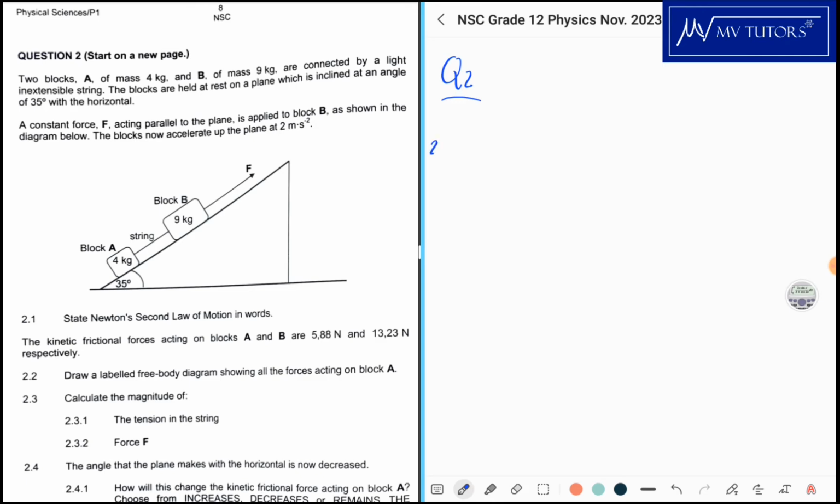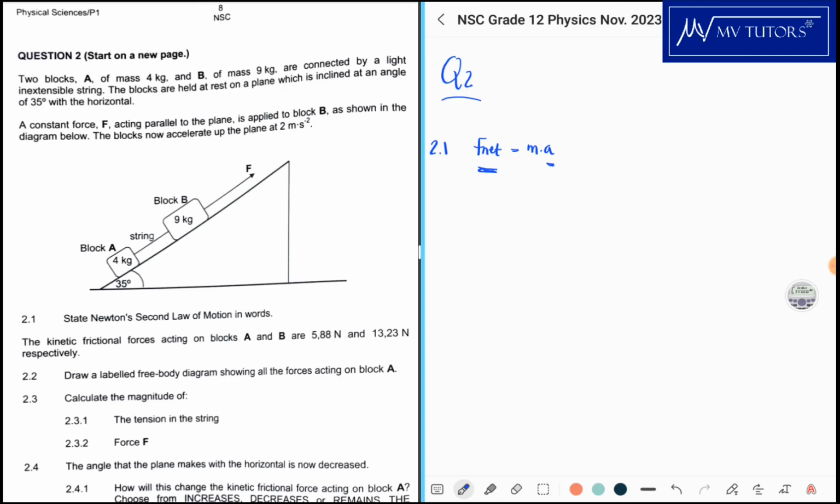Okay, so 2.1. State Newton's second law of motion in words. If you can just think about this equation, the net force is equal to mass times acceleration, that will actually help you to state Newton's second law of motion in words. So what does it say? It says when a net force acts on an object, the object will accelerate in the direction of the force.